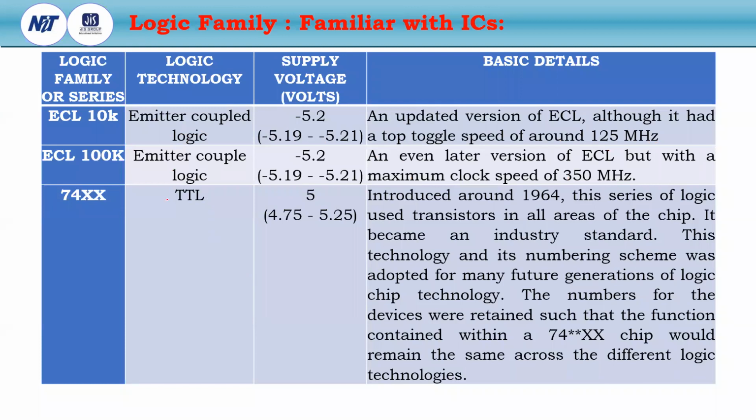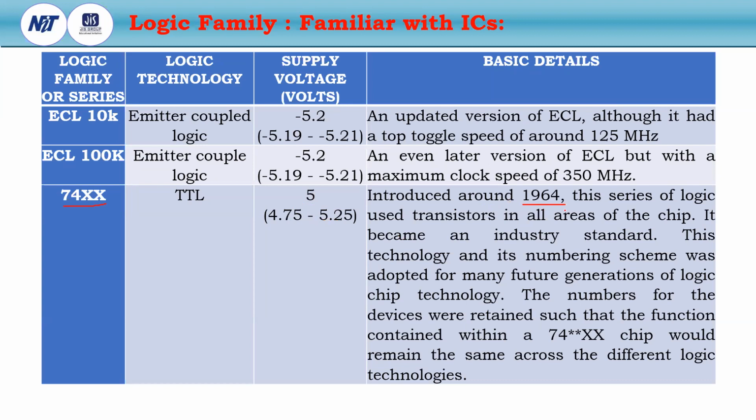But this is the TTL. TTL is the 74XX series, where the supply voltage is 5 volt, which was introduced in 1964. And this technology and its numbering scheme was adopted for many future generations of the logic chip technology.